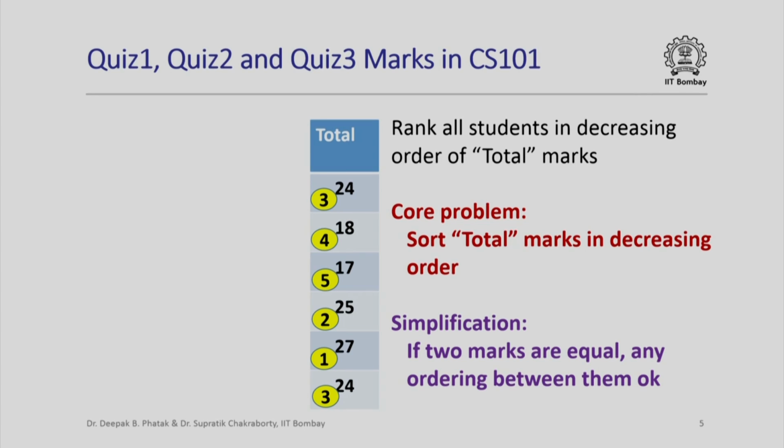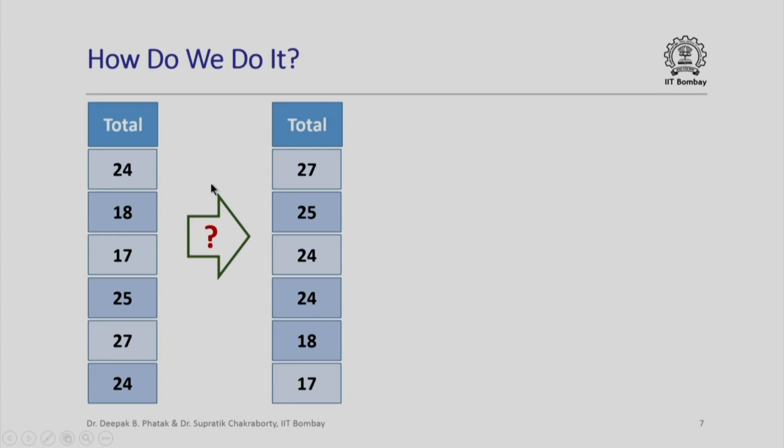Once I have tagged every marks by its position in the sorted order, I could then simply rearrange the rows such that the marks with position 1 appears in the first row of the column, the marks with position 2 appears in the second row, and so on, and this indeed gives our sorted column in decreasing order of marks. So now the question is, how do we go from this unsorted column of marks to this sorted column of marks?